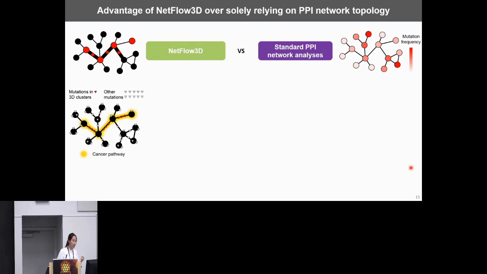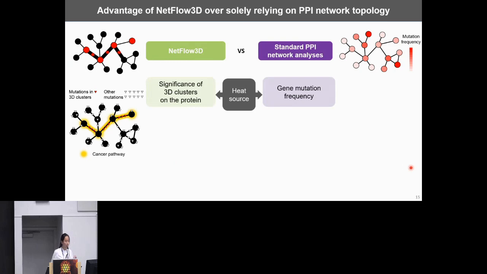So if we strictly focus on 3D clusters, this can highlight cancer pathways which have been previously blurred by the overwhelming passengers. In NetFlow 3D, the heat sources are defined based on the significance of 3D clusters per protein, while in standard network analysis, a generally used way is to use gene mutation frequency as the heat score.